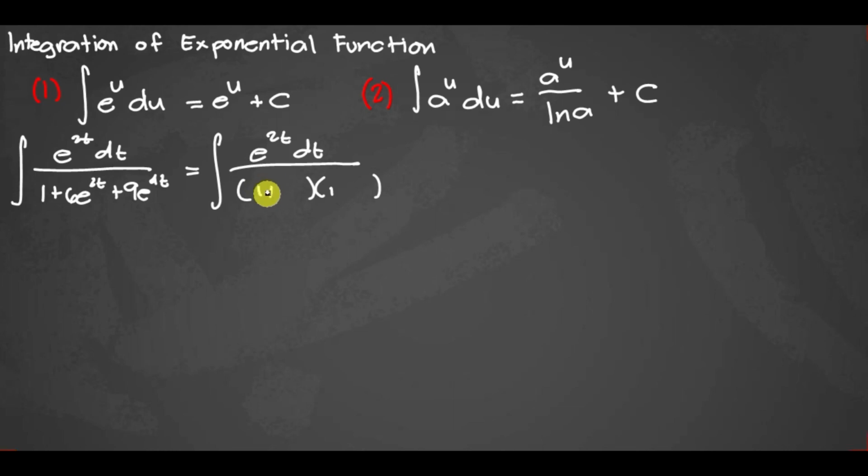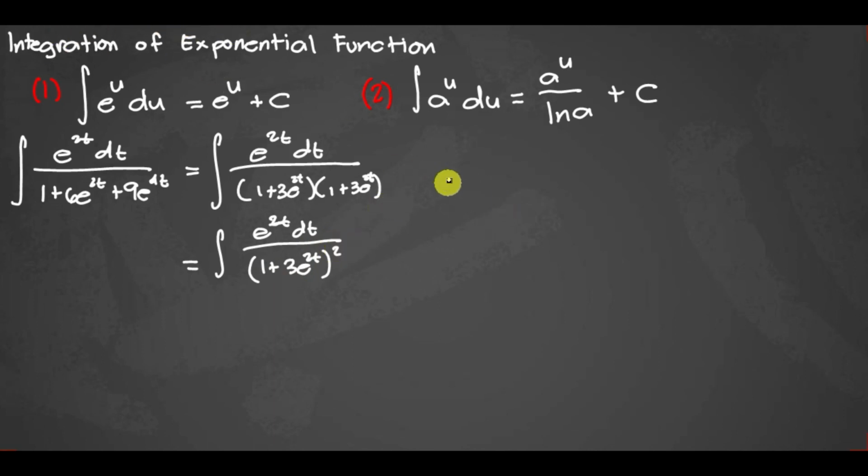Then we can say that this is equal to the integral of e raised to 2t dt all over 1 plus 3e raised to 2t, squared.